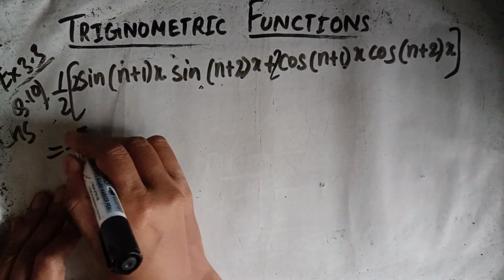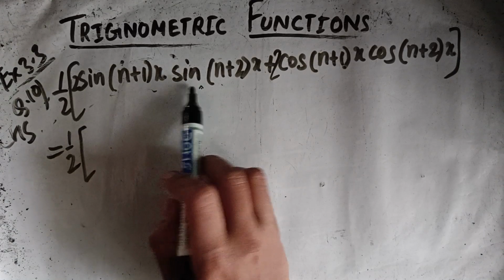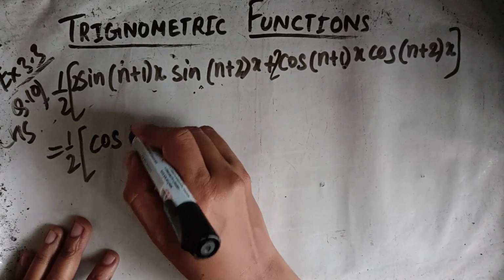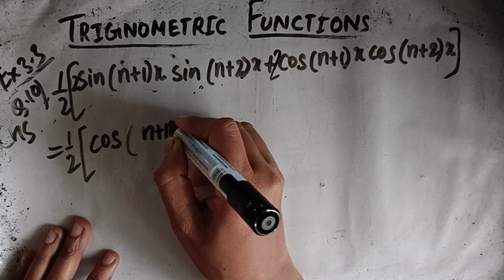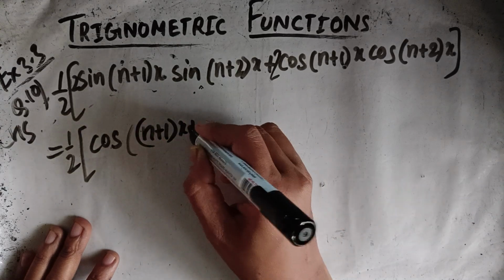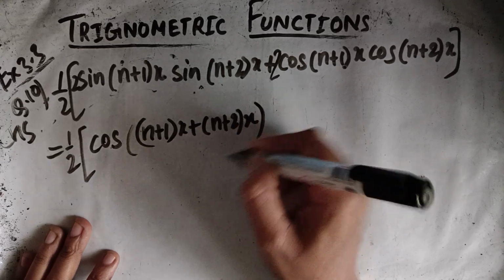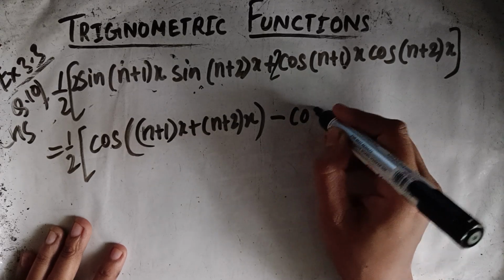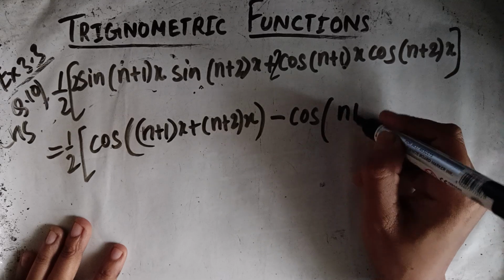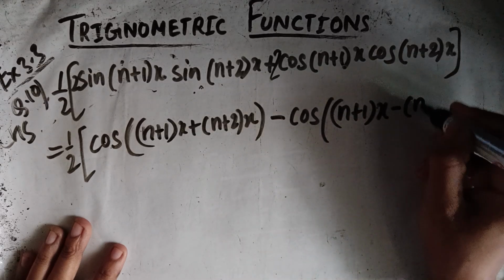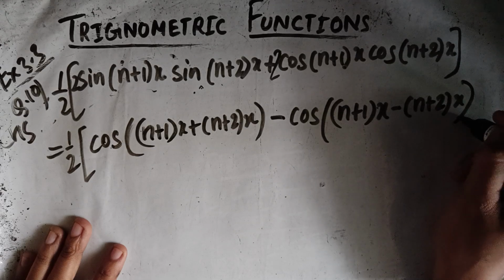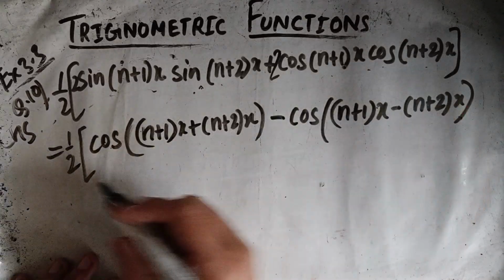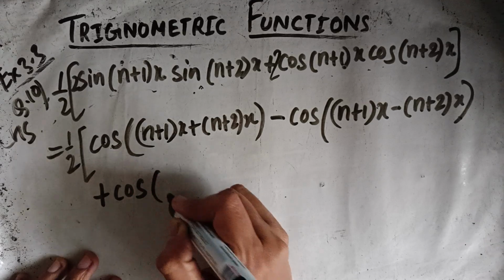So 2 sin A into sin B is cos(A plus B) plus (n plus 2)x, okay, minus cos((n plus 1)x minus (n plus 2)x), A minus B. Then 2 cos A into cos B is plus cos(A plus B).